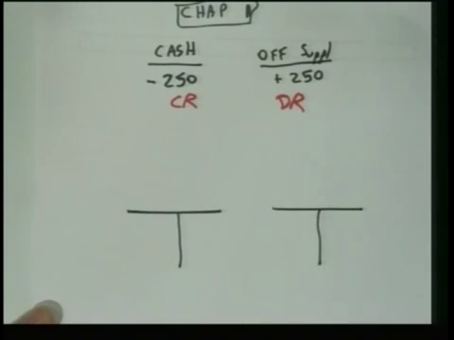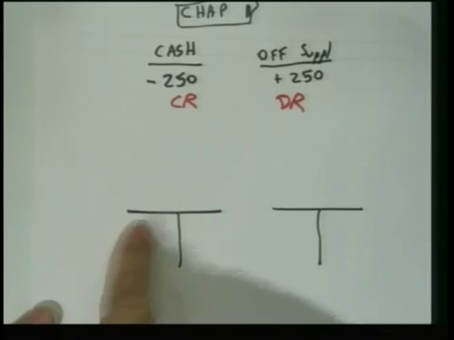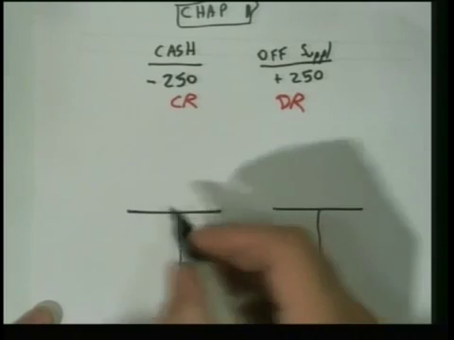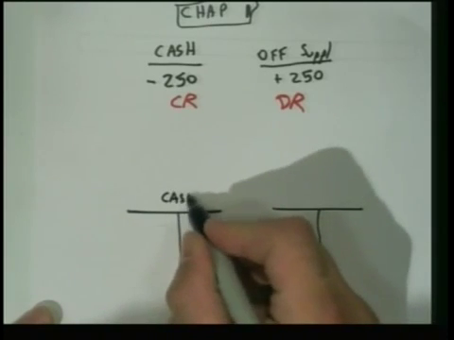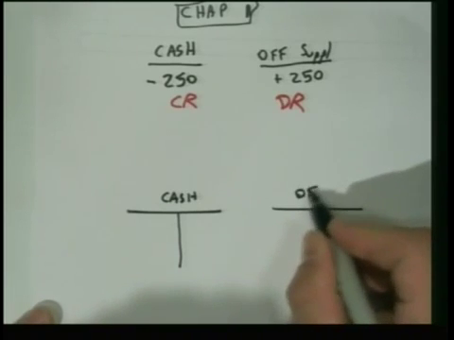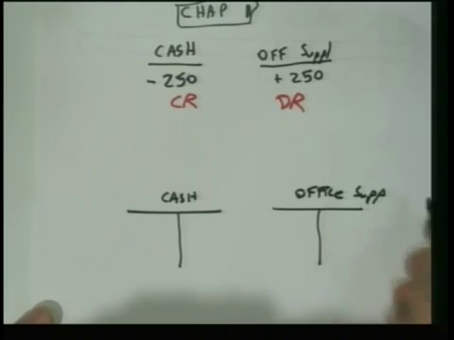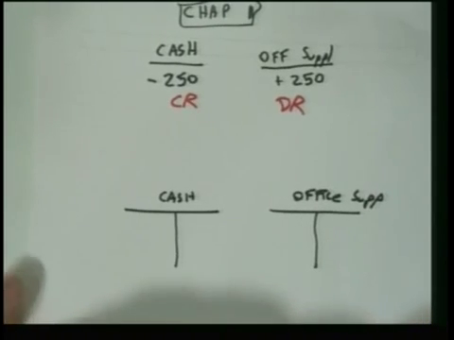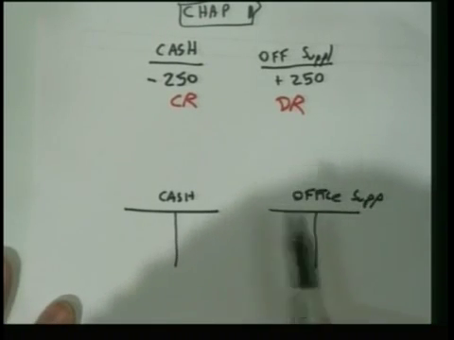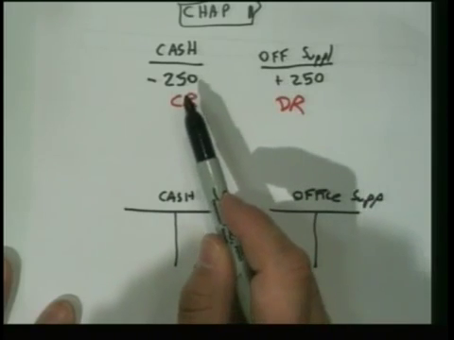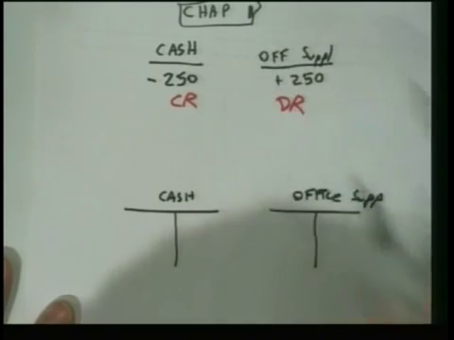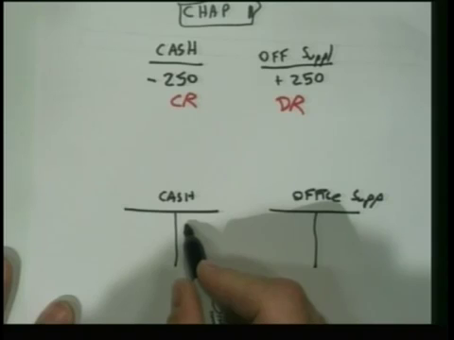But just understand, left side's always a debit, right side's always a credit. So let's do a T account for cash, and a T account for office supplies.